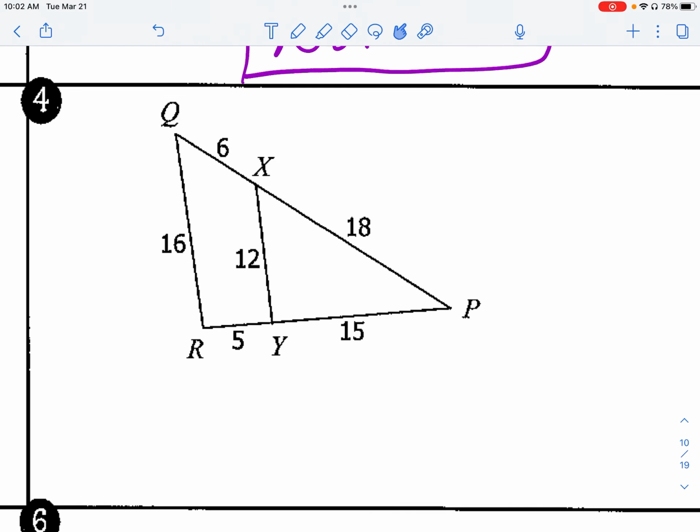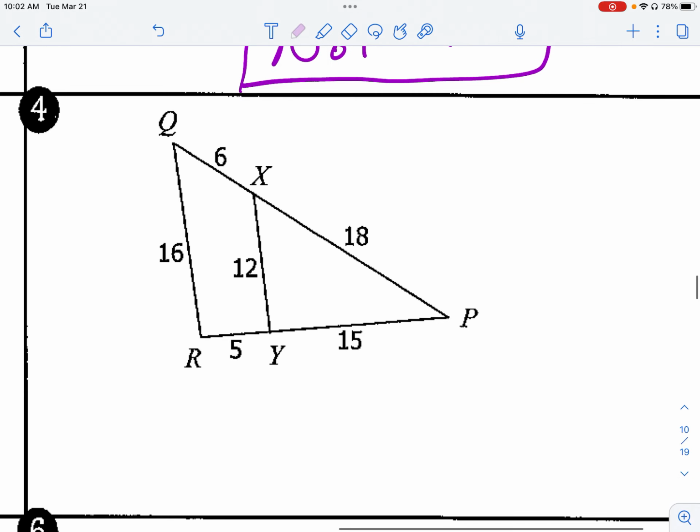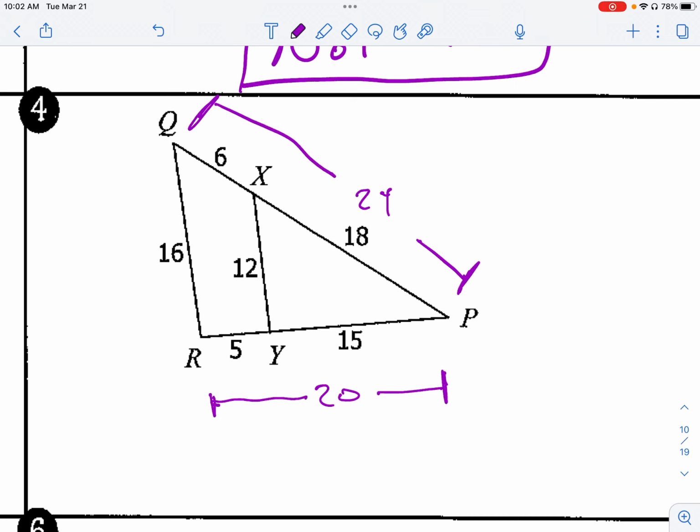Number 4. Here we have to remember that QP is 18 plus 6, or 24, and RP is going to be 20.